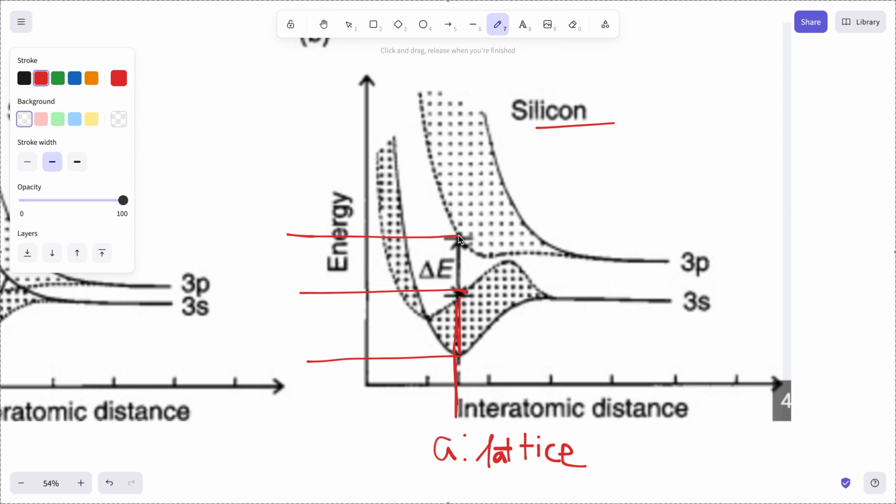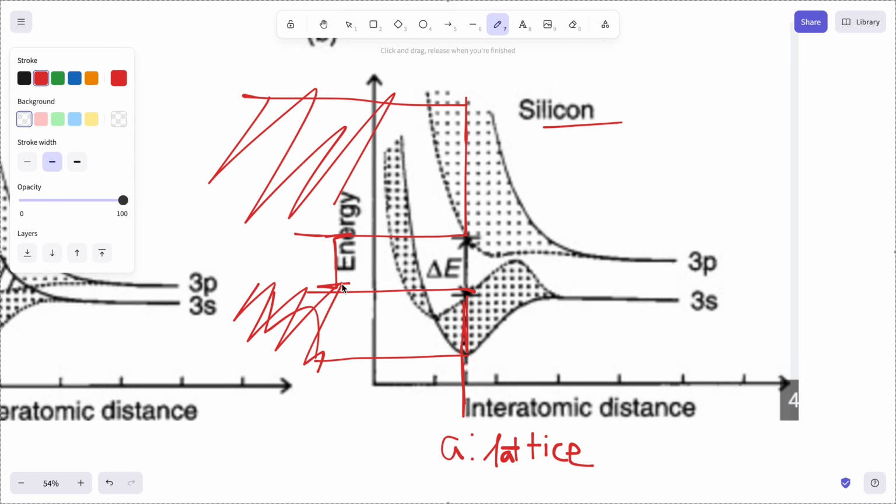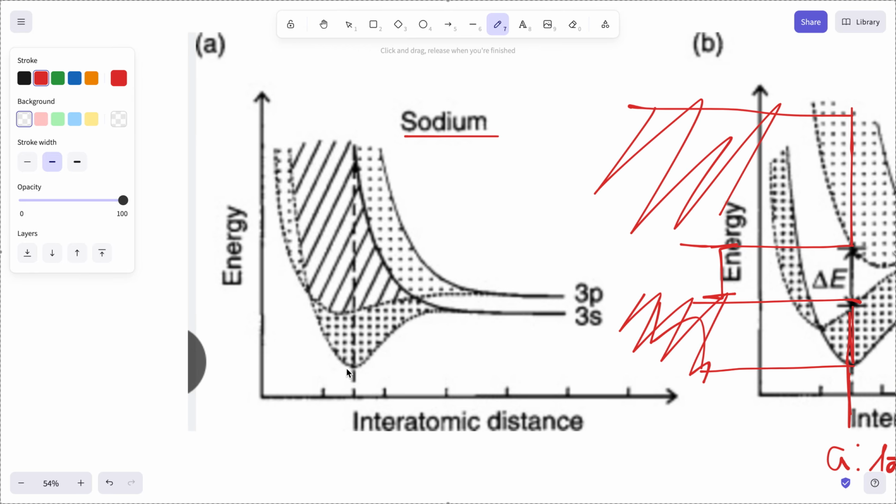And then drawing the line, like right here. And so you can see this would be the conduction band, and this would be the valence band, and this would be the band gap. Compare that to something like sodium, which is a metal, where at the lattice constant, you'll notice that the bands overlap with each other.